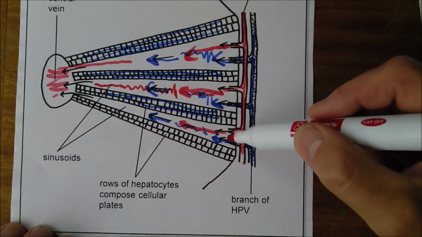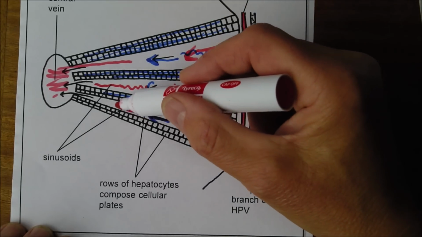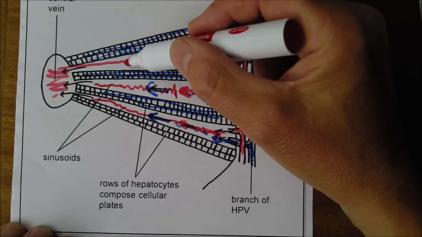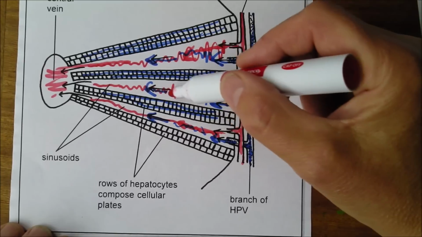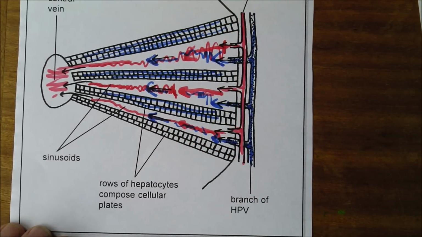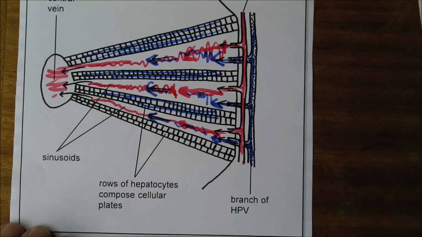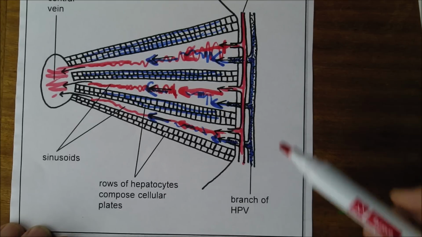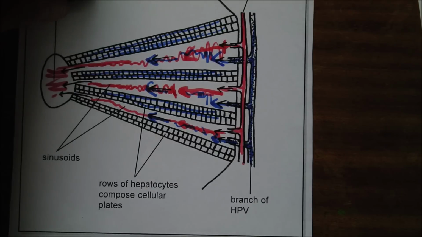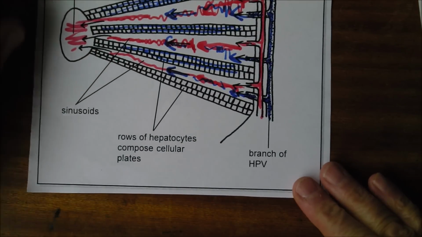The sinusoids are just the name for the blood capillaries in the liver really, with their very permeable walls. So blood is going into the sinusoid through a branch of the hepatic portal vein and a branch of the hepatic artery.